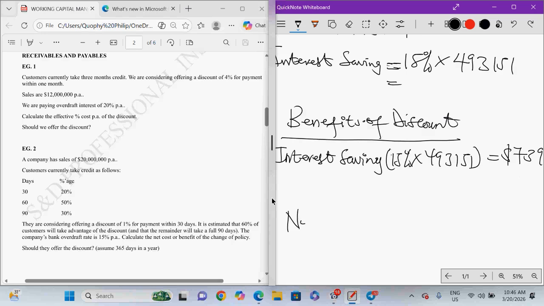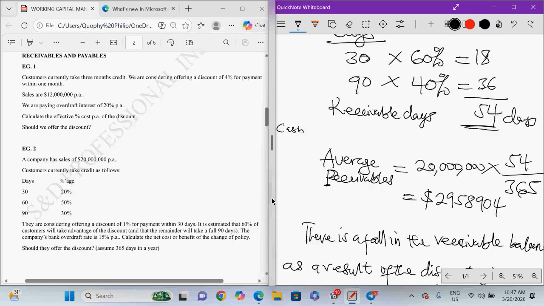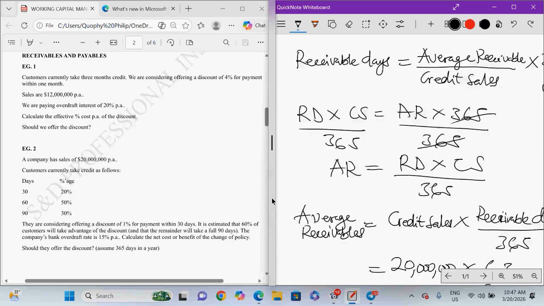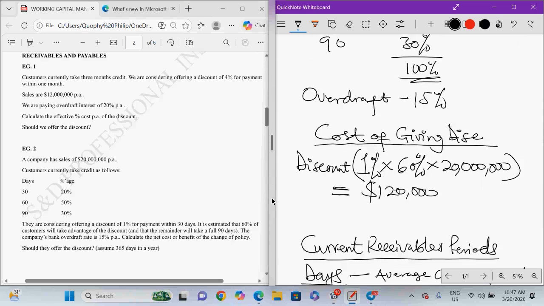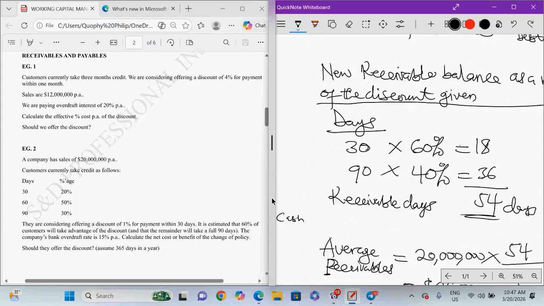Now, to determine the net cost or benefit, will it be a net cost or a net benefit? What is the cost of giving the discount? The cost of giving the discount gives us 120,000.